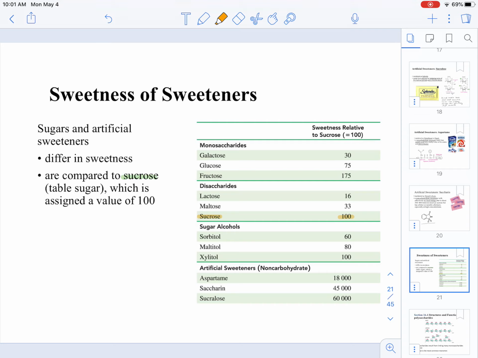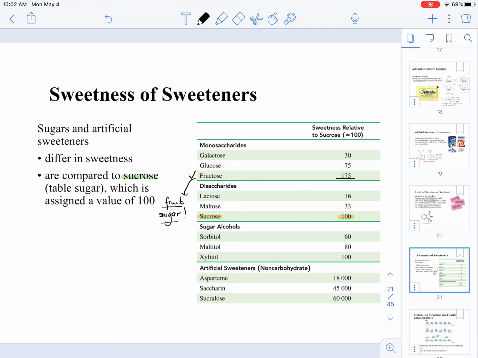As you can see, most monosaccharides and disaccharides are less sweet than table sugar, all of them except for fructose. Fructose, which is fruit sugar, is the only monosaccharide that is sweeter than sucrose.